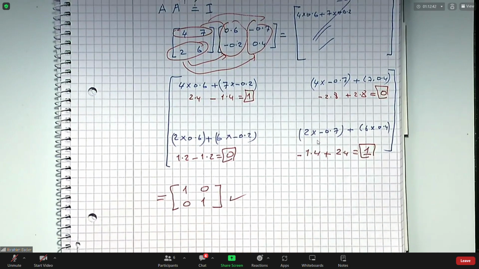This is how you check that a given matrix is the inverse of the other. It's just like, how do I know that 5 and 1/5 are inverse to each other? I multiply them out and I get the identity, okay?